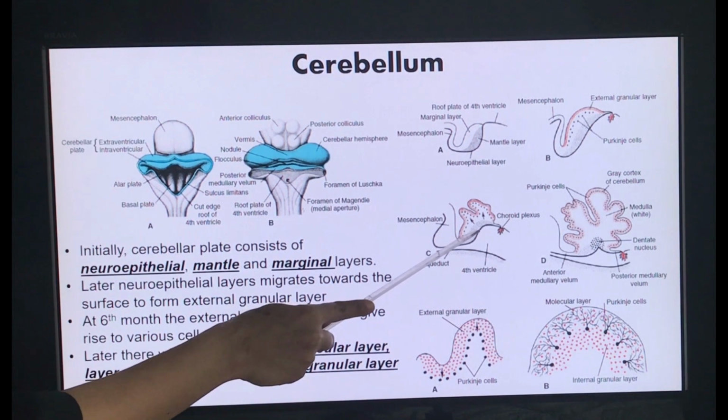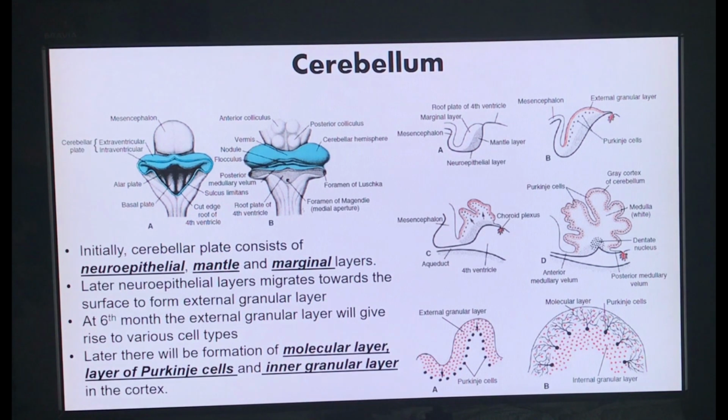The red one represents the external granular layer. At around the 6th month of development, this external granular layer will give rise to the different cell types present in the cerebellum. That is the outer cerebellar cortex, which includes Purkinje cells, then Golgi cells, then you can see the molecular layer, then the inner granular layer.